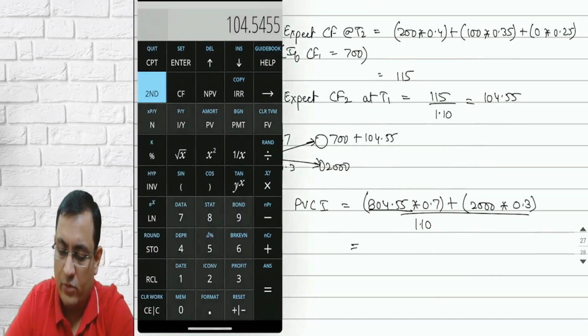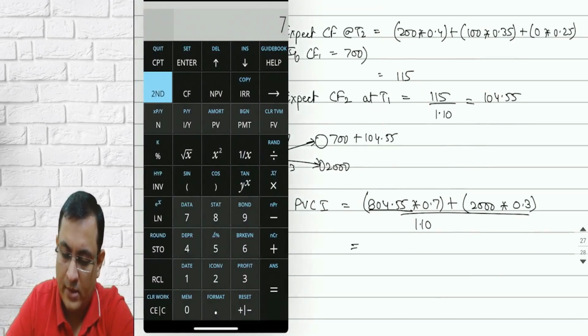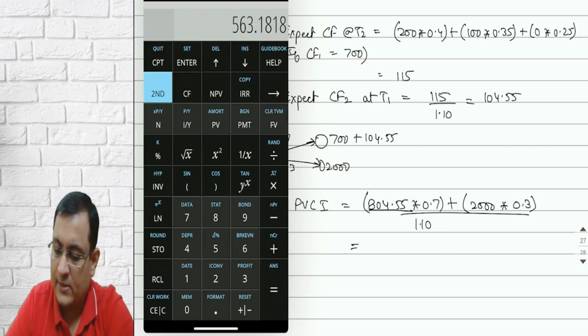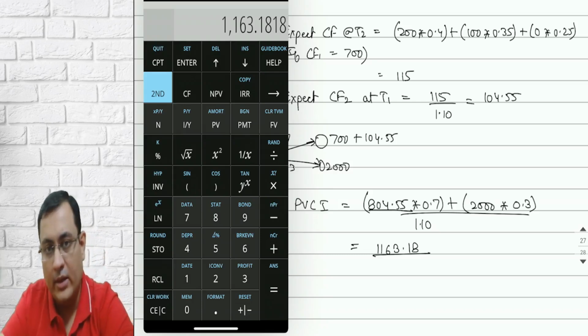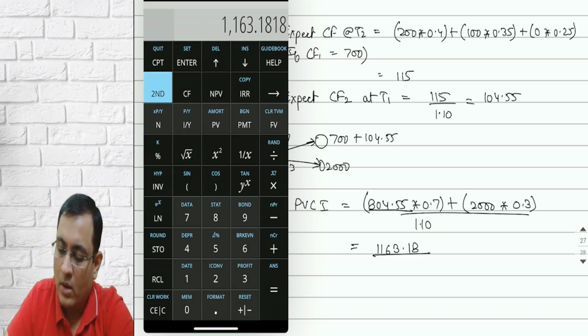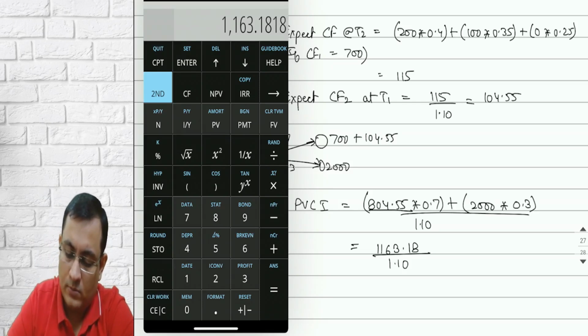The present value of cash inflow will be equal to 804.55 multiplied by 0.7, plus 2000 into 0.3, which is 600. We got 1163, the expected cash flow at T1, including the effect of CF2 also, upon 1.10.